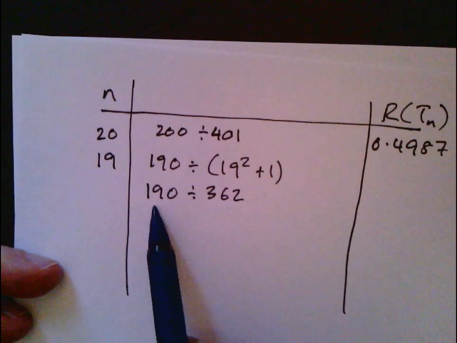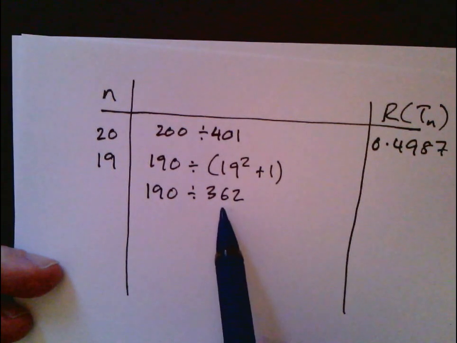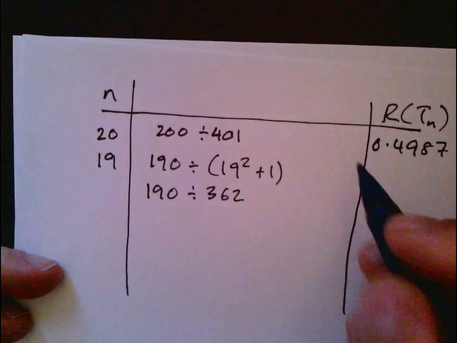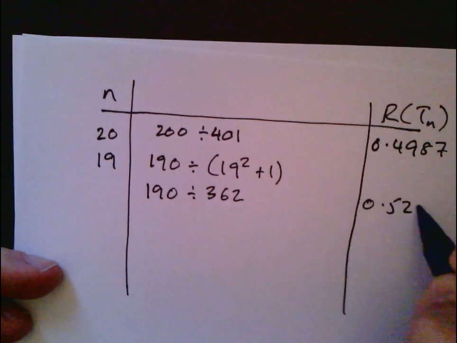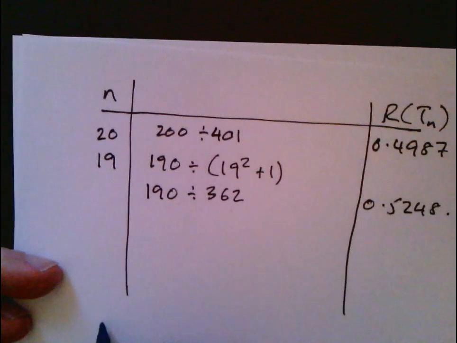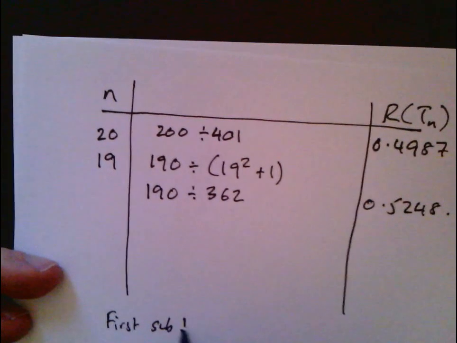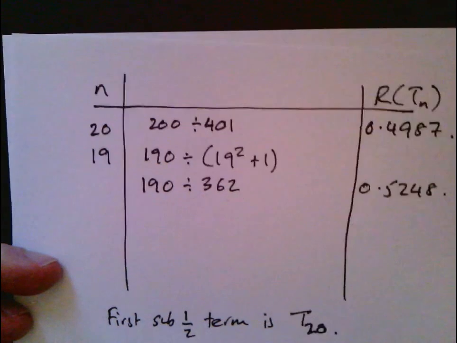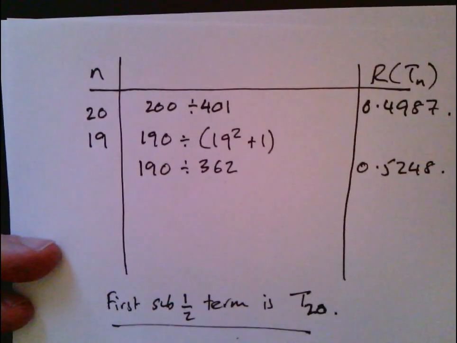We already see that that's not going to be under a half, 190 over 380 is a half, so it's consistent with 0.5248. So the first sub-half term is t to the 19. Oops, no, absolute rubbish. T to the 20. Okay, there we go. That's question 3 done.